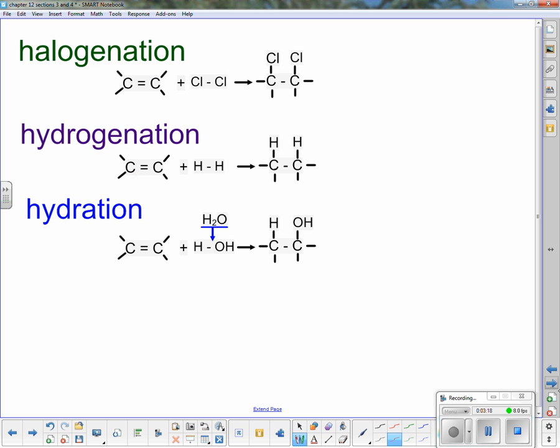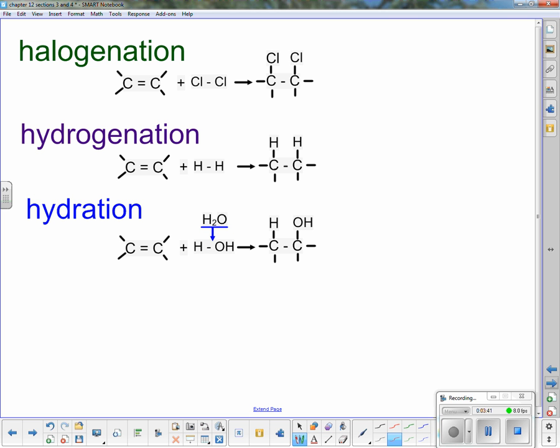Now, if we break this down, we have 3 main kinds of addition reactions: halogenation, hydrogenation, and hydration. Now, hydrogenation and hydration sound a lot alike. Just remember, hydrate. If you're going to hydrate somebody, you're going to put water into them. That's what you do with hydration.